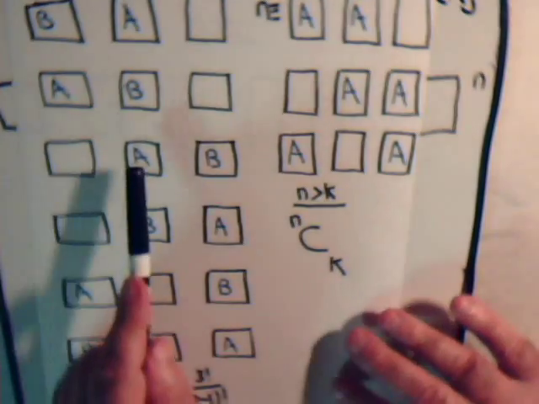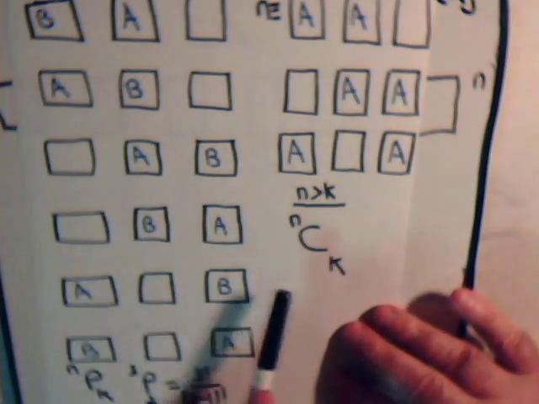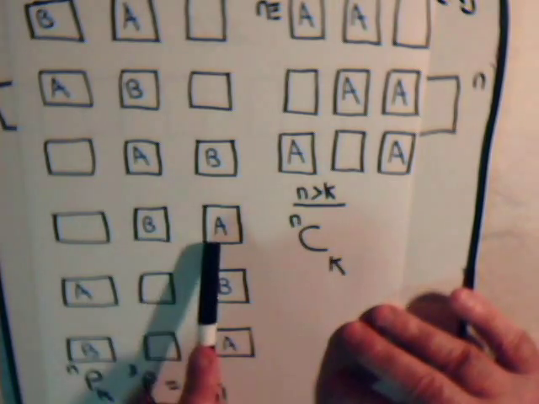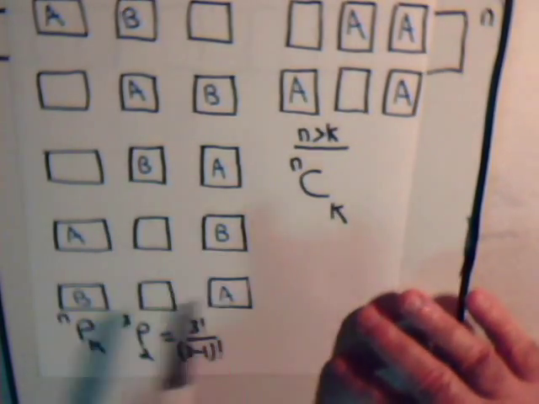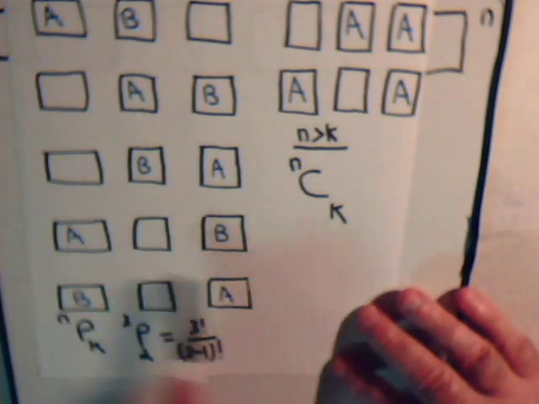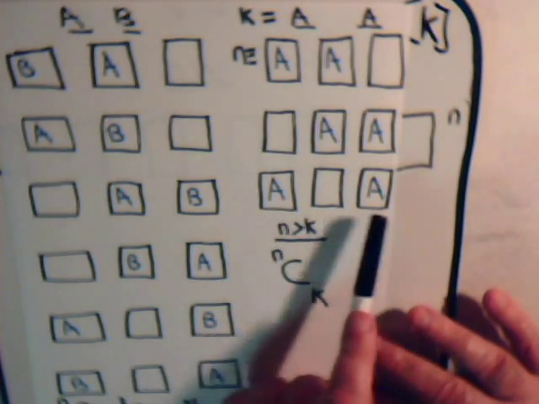Likewise, these two different distributions now would be identical, AA, AA, which we've shown right here. And likewise, this would be AA, AA, so these two different distributions would now be the same distribution, shown right here.